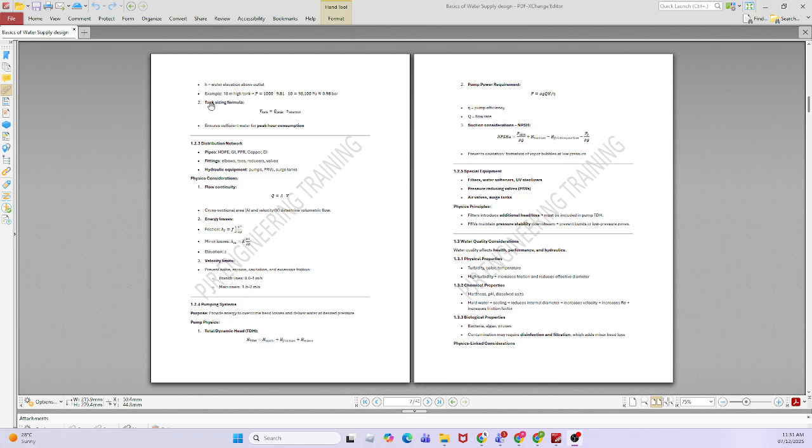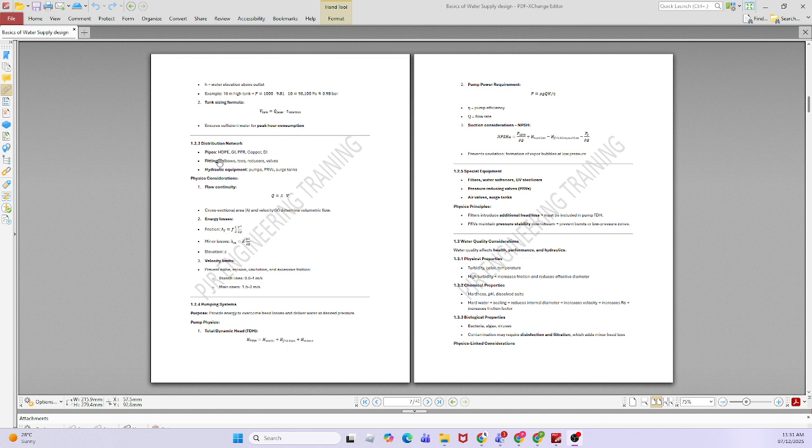The tank sizing formula is V tank equals Q peak plus retention. Some amount of water should be retained all the time, like the dead area, to ensure sufficient water for peak hour consumption.